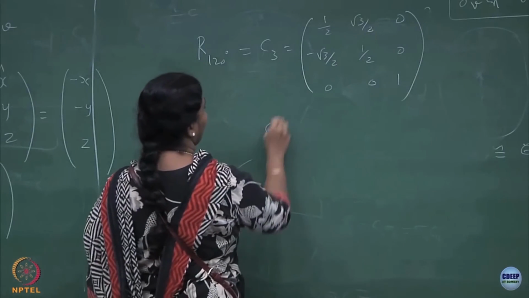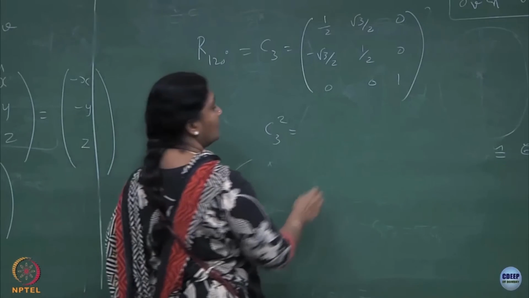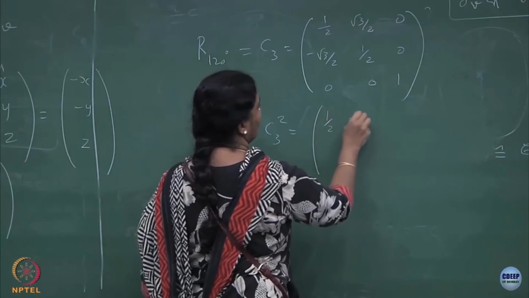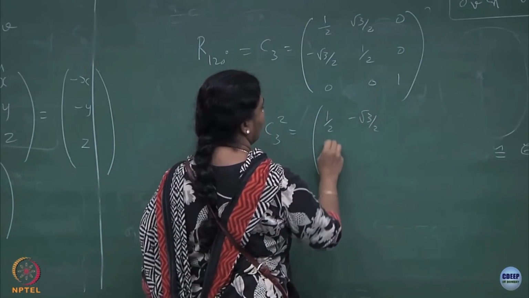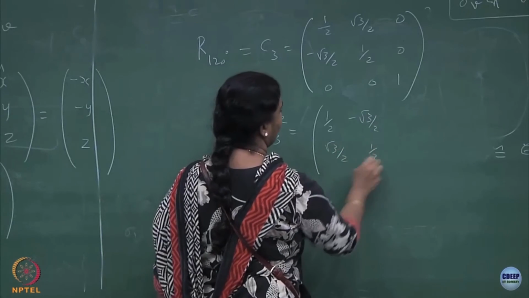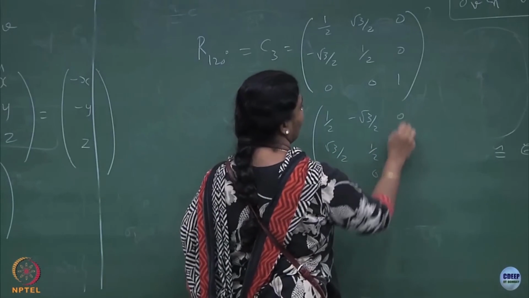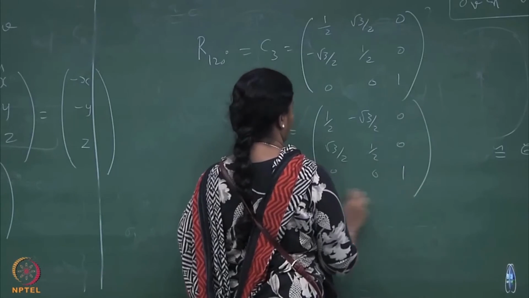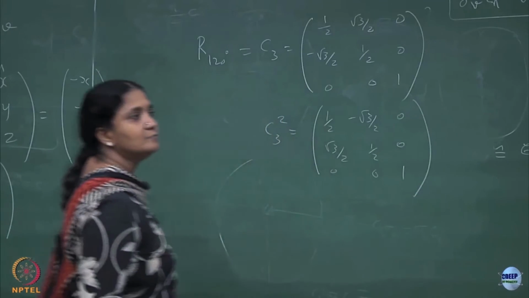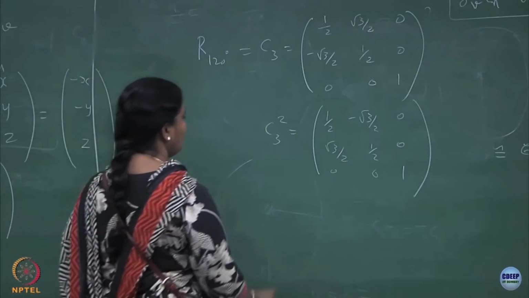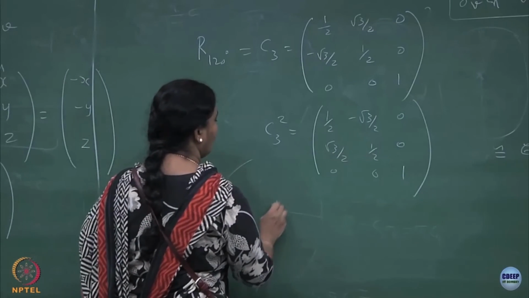And C3 squared is similar. And then let us write sigma v also.